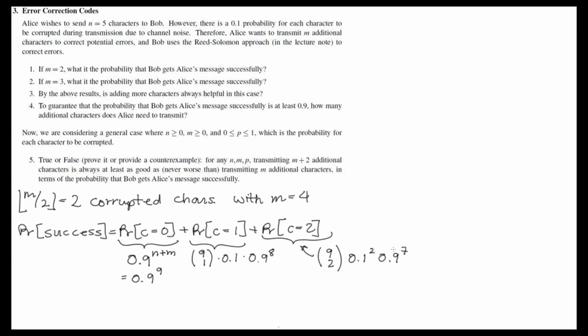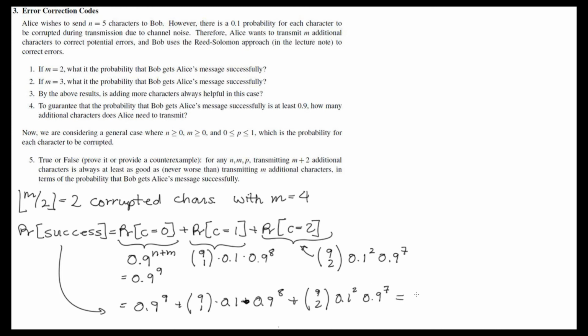So when you add these all together, the probability of success is equal to 0.9 to the 9 plus 9 choose 1 times 0.1 times 0.9 to the 8 plus 9 choose 2 times 0.1 squared times 0.9 to the 7.